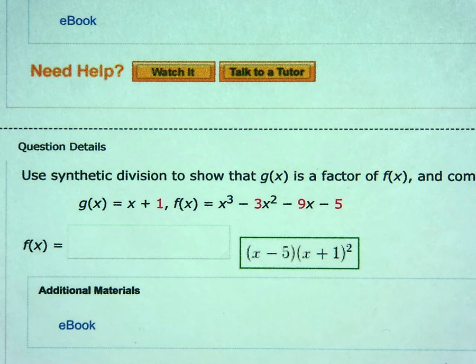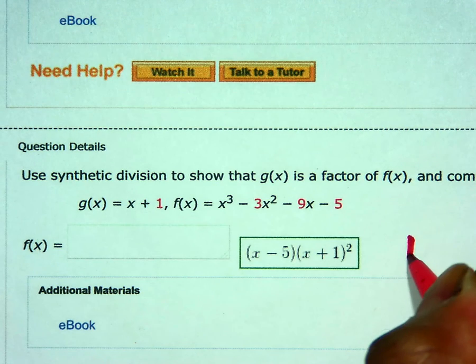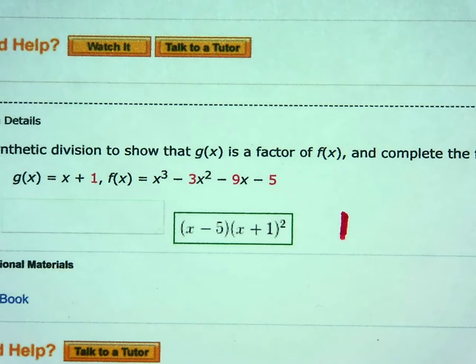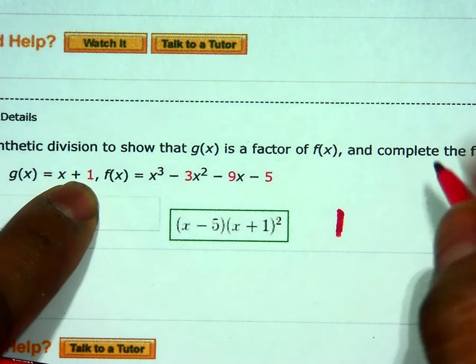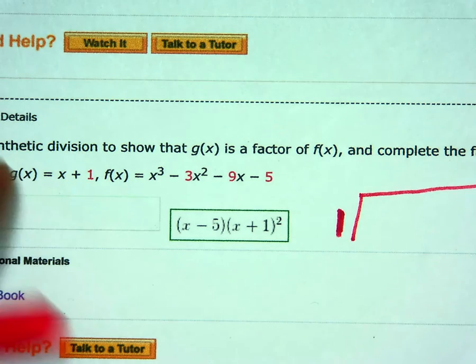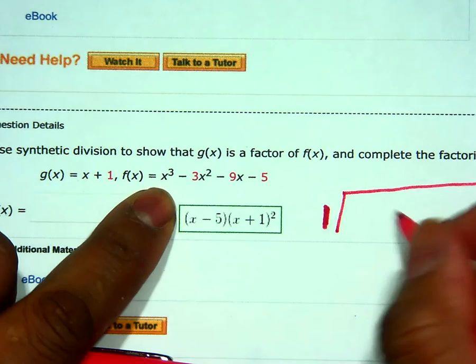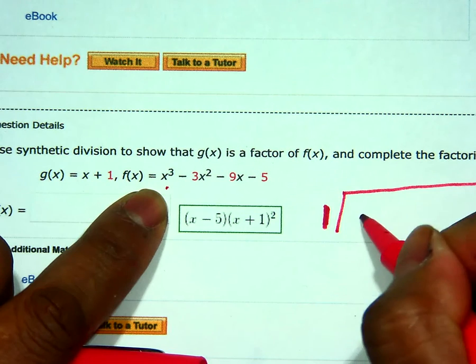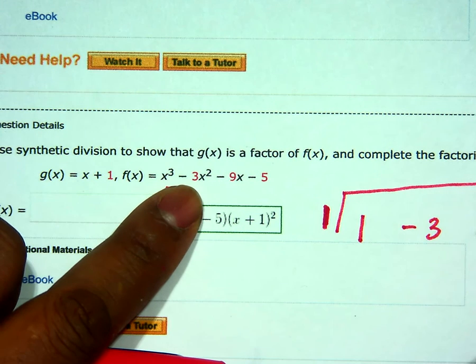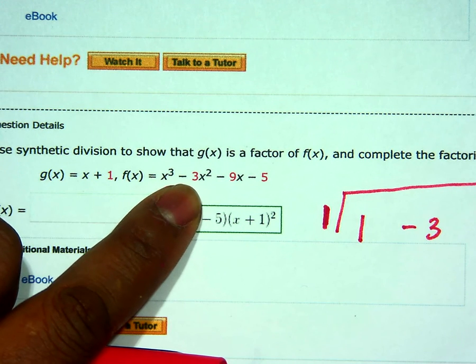So let me start you off first so we have a better understanding. So long division, there's the 1, because that's coming from right here. Now the coefficients, we got 1, negative 3, negative 9, and negative 5.